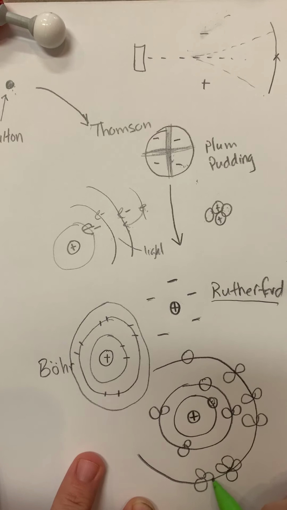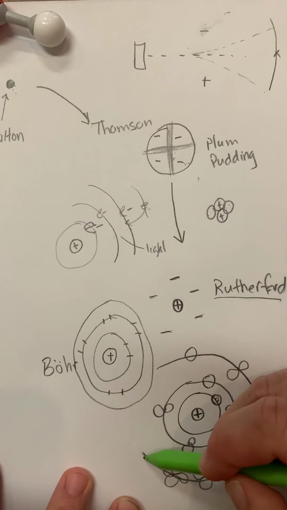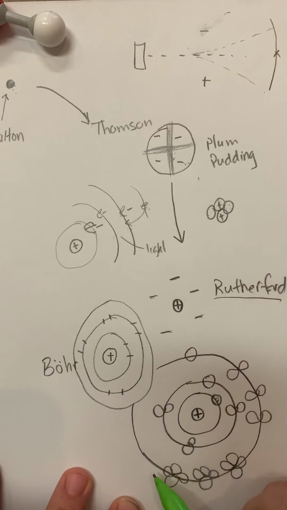This always takes me a while. I start out really good, and then I start losing control of my pencil. And the number that each orbital comes in is based upon its possible orientation in space.